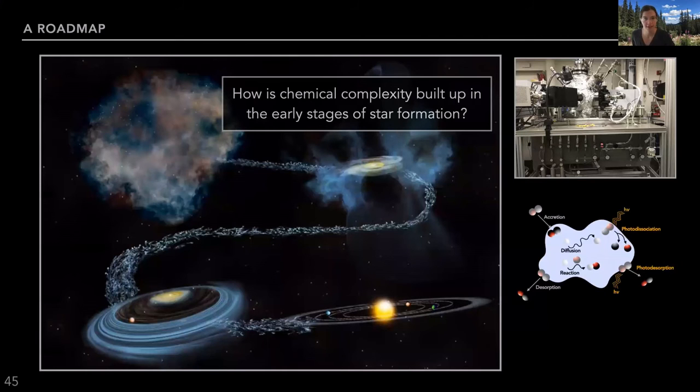All right, so I think I'll just summarize now. We started this talk thinking about how chemical complexity can be built up in the early stages of star formation. And we saw how we can use tools like lab astrophysics to really constrain in detail the mechanisms that are leading to the production of organic molecules within ices.